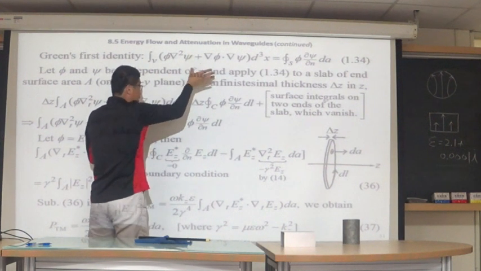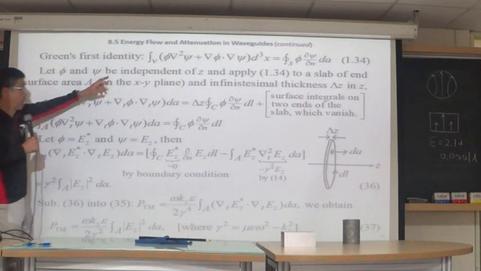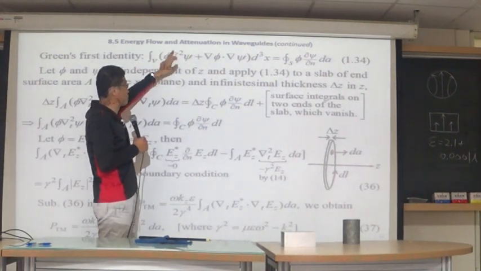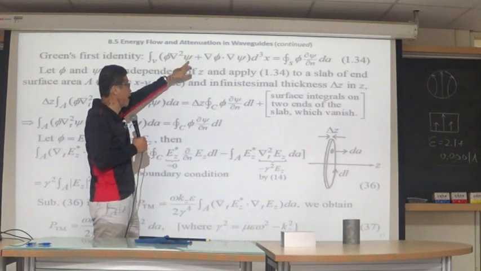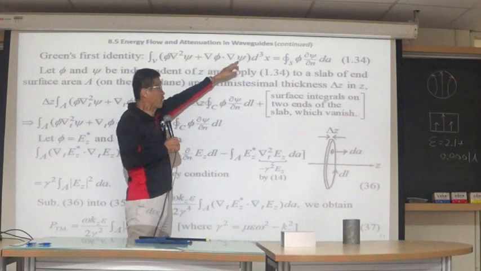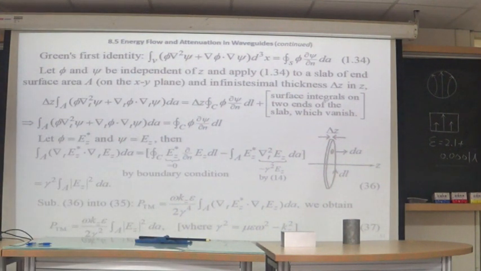Divergence of something equals the surface integration. Okay, that's Green's first identity. Divergence of this becomes phi Laplacian psi, plus gradient phi dot gradient psi. And here we are very lucky.